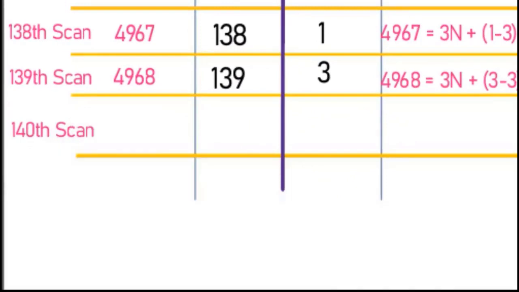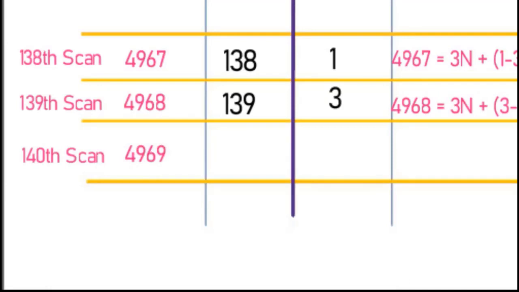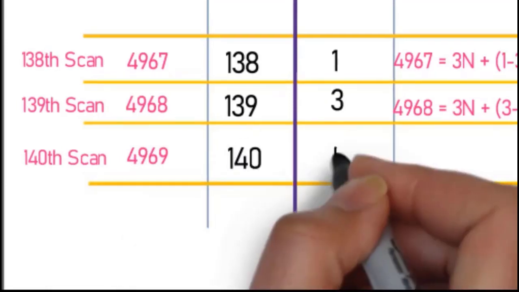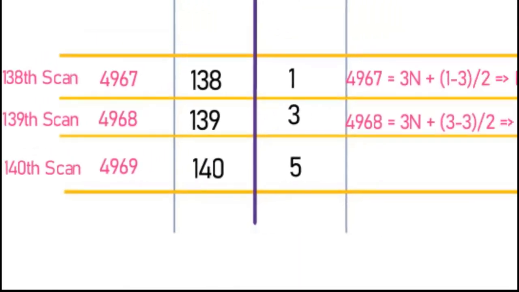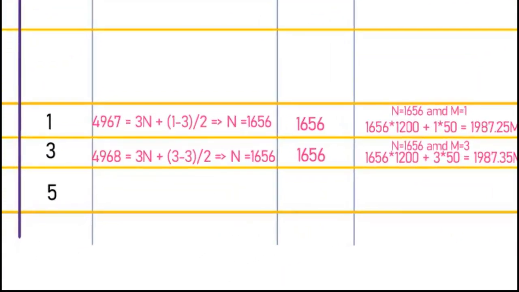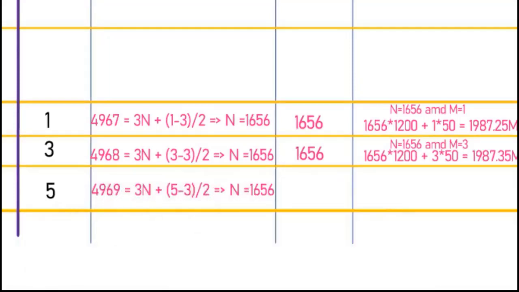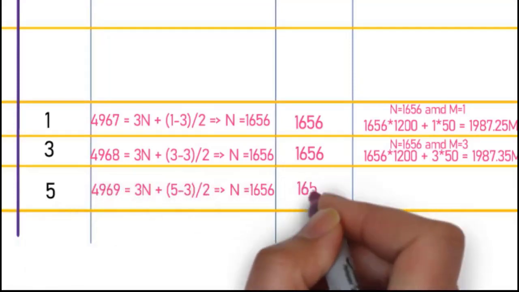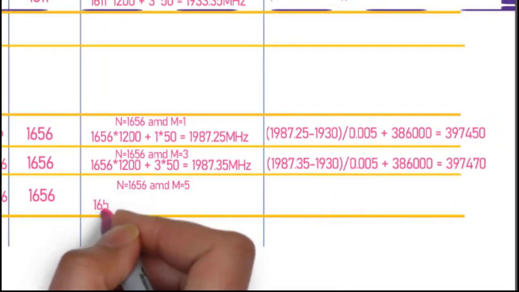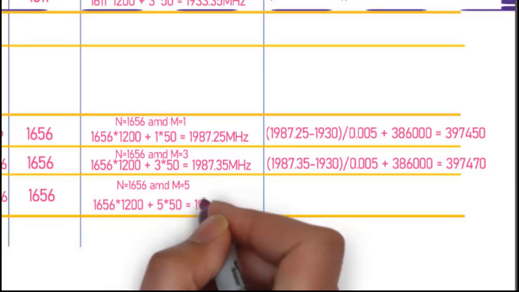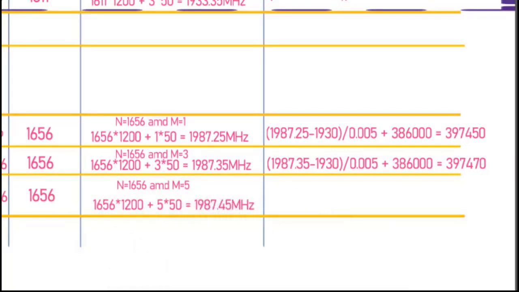Now see the last, 140th scan, and find out the SSREF location and AFCN. For the 140th scan, the GSCN value is 4969, that is the last GSCN value. The scan is 140th, m is equal to 5. We put the n and m values in the formula and calculate n, which is 1656. So now n is 1656, m is equal to 5. The SSREF comes around 1987.45 megahertz, that is the SSB frequency location.